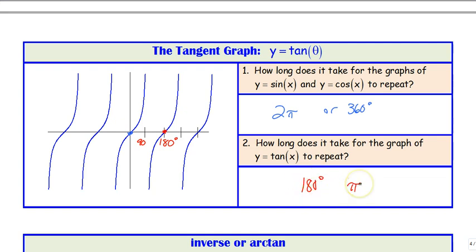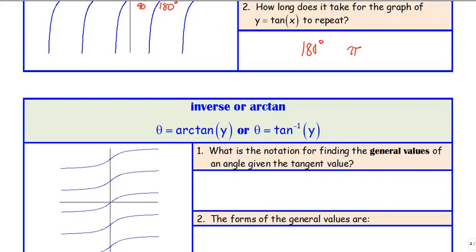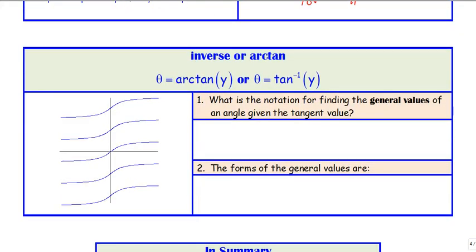or pi radians. Now the nice thing about that is that we only have to find the calculator answer and then add 180 degrees to it. So what is the notation for finding the general values of the angle? It's basically arc tangent of y is equal to theta, or tan inverse of y is equal to theta.